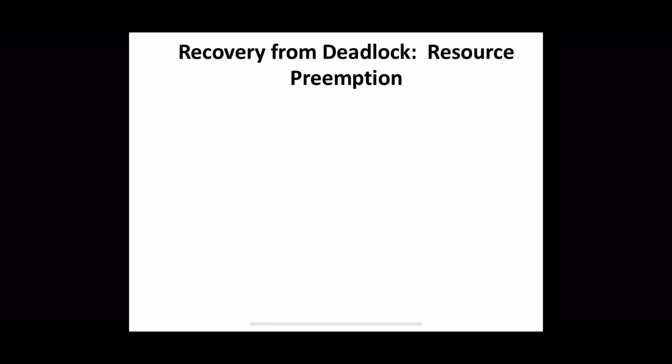And here also there are some issues to be addressed, like selecting a victim is the first issue, that is which resources and which processes are to be preempted. So as in case of process termination, we have to select those resources and processes which incur minimum cost. So definitely measuring the cost is not a straightforward task. So that's the first issue.